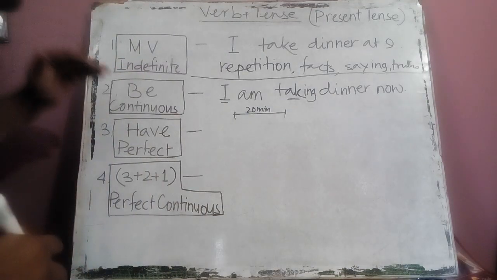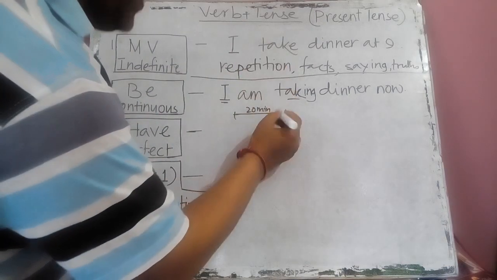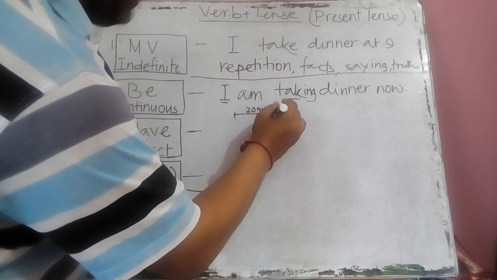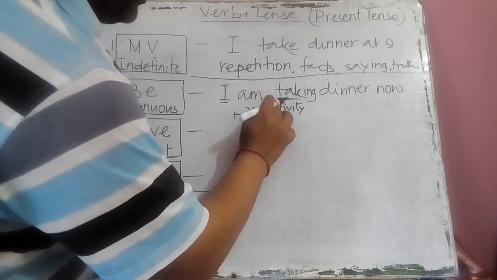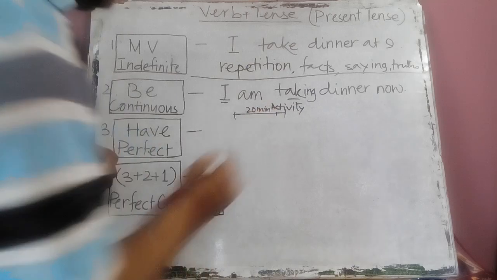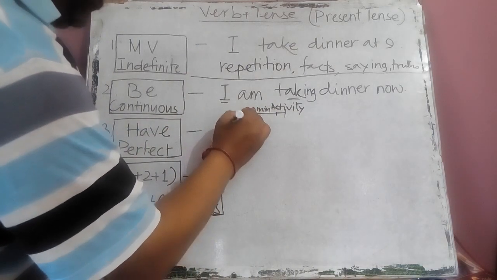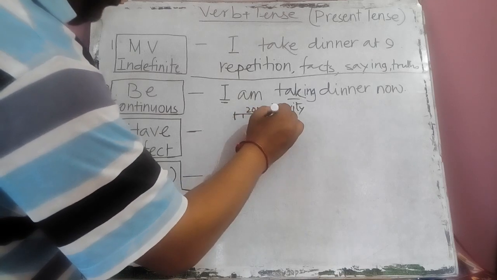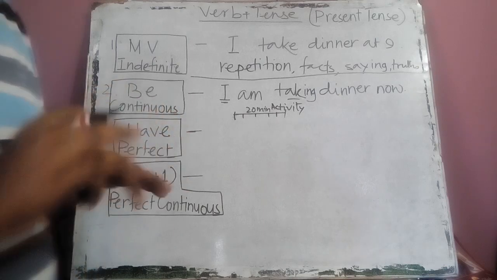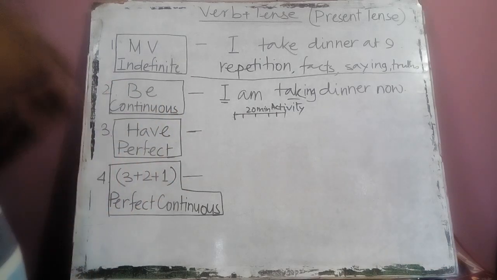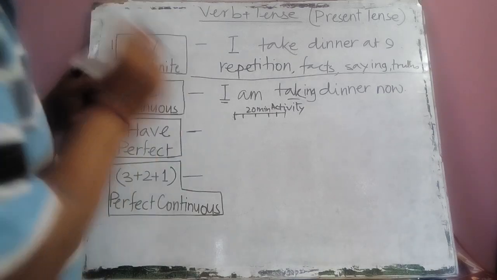In case of continuous, our focus remains on knowing the activity, the name of the activity, and not when the action started or where you stand currently. That's not our focus. Our focus solely remains on what activity is getting done right now.